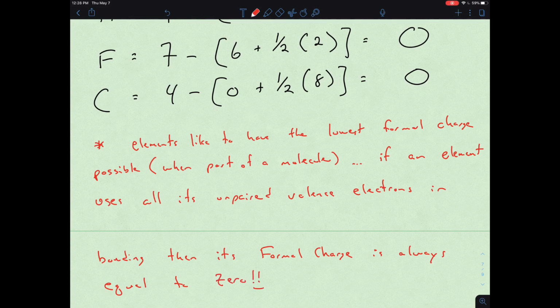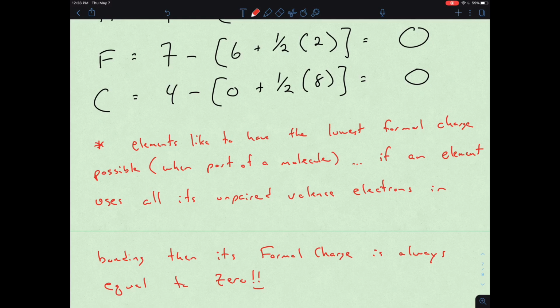And that's the big important feature that I've been trying to describe slowly through this piece, is that elements like to share their unpaired valence electrons. That's what they like to do. And a reason behind that is because that means that they will have the lowest formal charge possible.